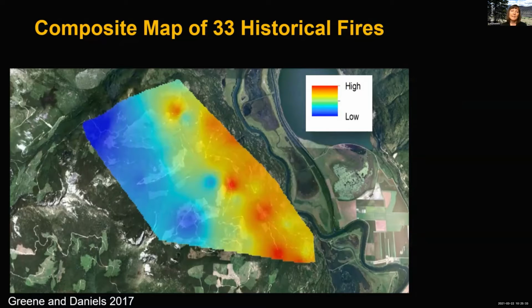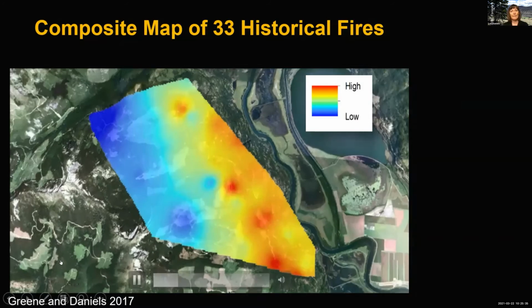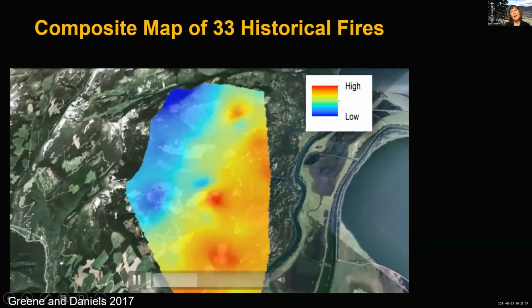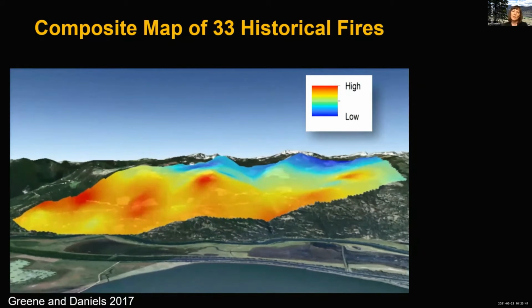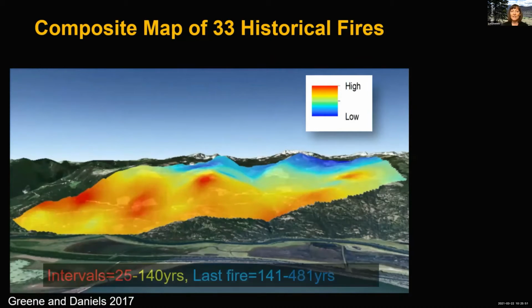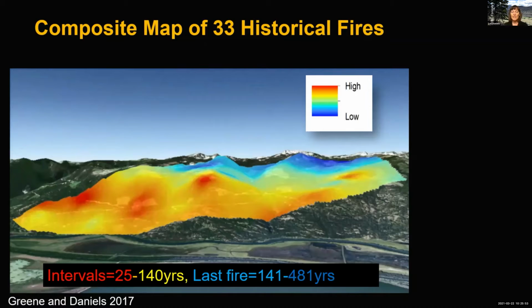Now let's take a look at this in 3D. Let's drape that map over the landscape so you can see how it fits when we start thinking about the elevational gradient in the valleys and mountain slopes on which we were working. And so here you can see that in the lower elevations and on the south-facing slopes, here we're looking from east to west towards the mountain range, and to the left is south and to the right is north.